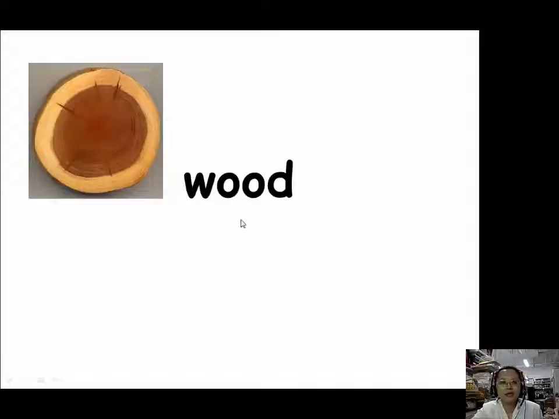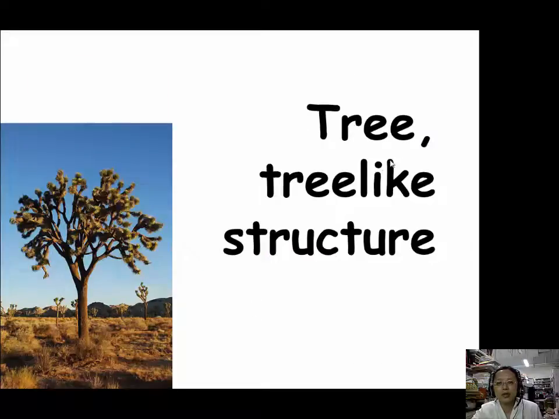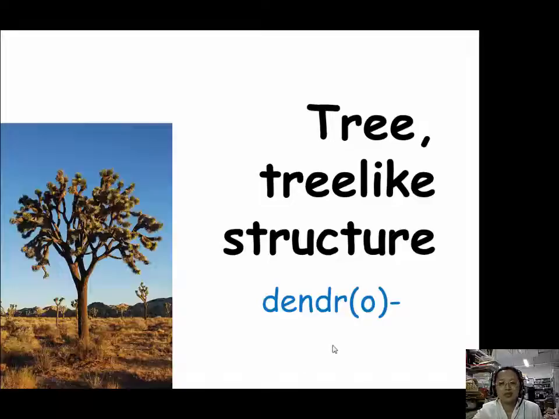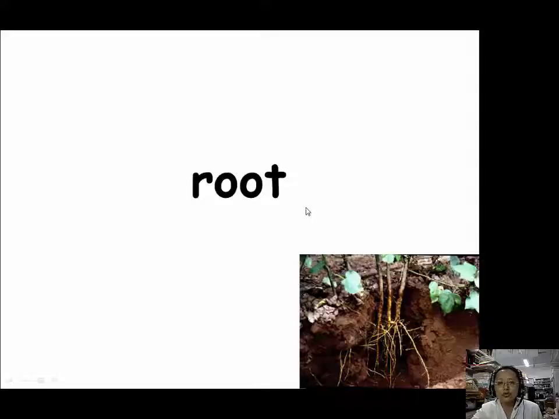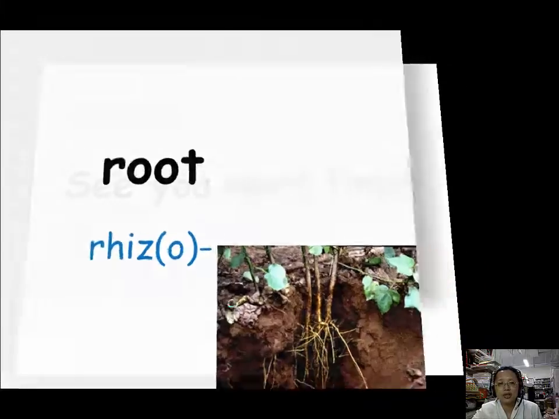And then for wood, we have this prefix xylo, X-Y-L-O. And for tree or tree-like structure, we could use this prefix dendro. For shoot, we could use this prefix thallo, T-H-A-L-L-O. For root, we could use rhizo, R-H-I-Z-O.